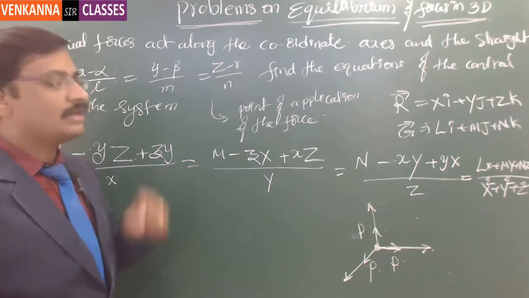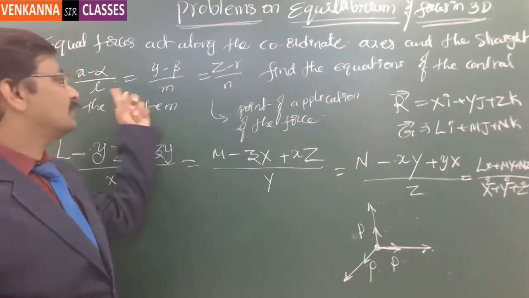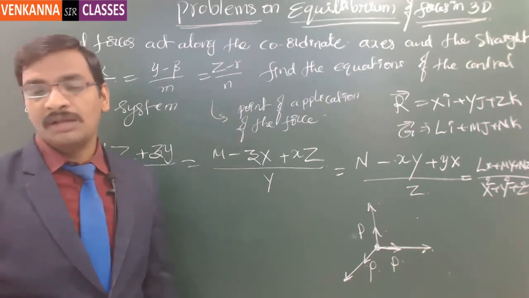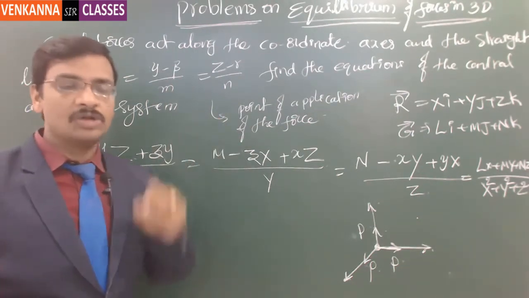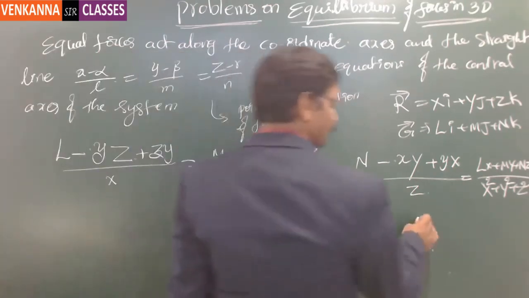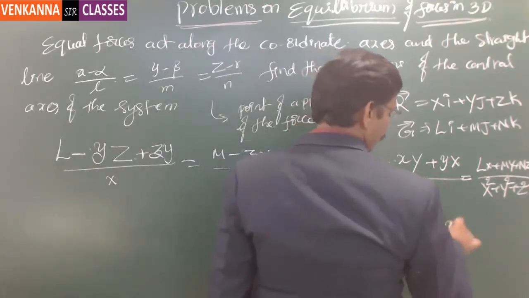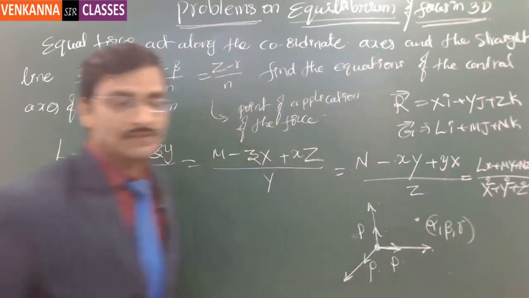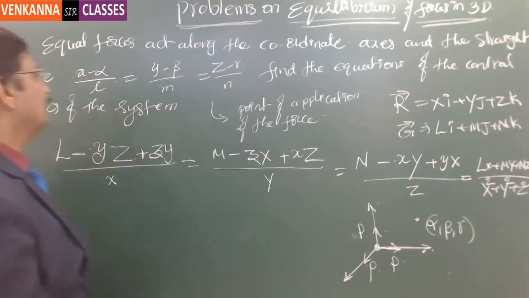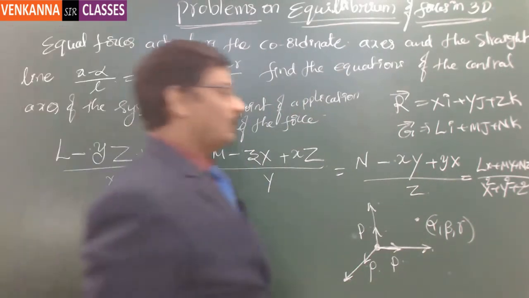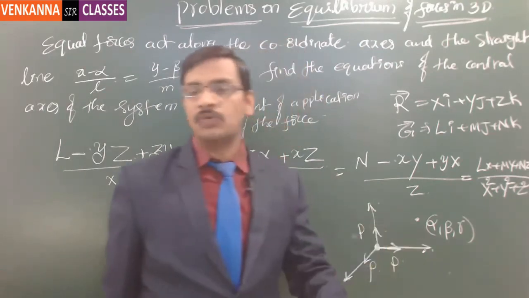Alpha, beta, gamma is the position. That's why this is the equation of the straight line passing through alpha, beta, gamma. Now alpha, beta, gamma is a point location, which is the point of application of the force. That means, let us say this point is alpha, beta, gamma. So this is the point of application of the force, and correspondingly in the denominator he has given L, M, N. Now we have to be aware of the direction of the force also, right?